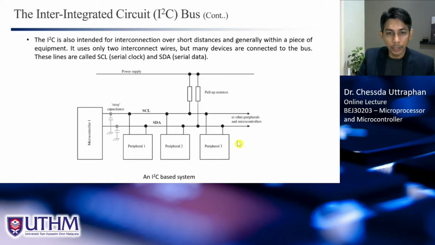This is how we connect the microcontroller to the peripheral or the slave in I2C, where we use only 2 lines. One is for clock and one is for data.